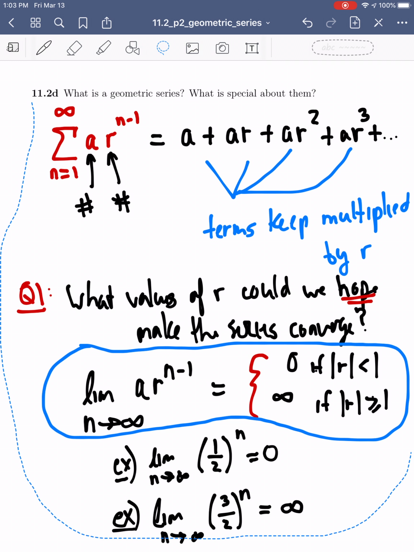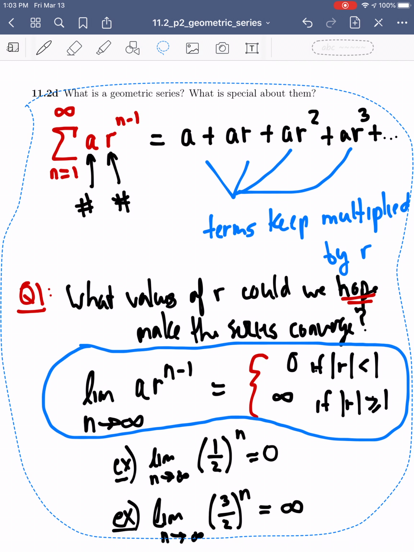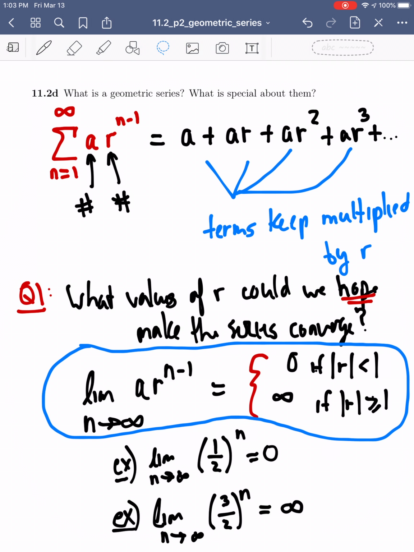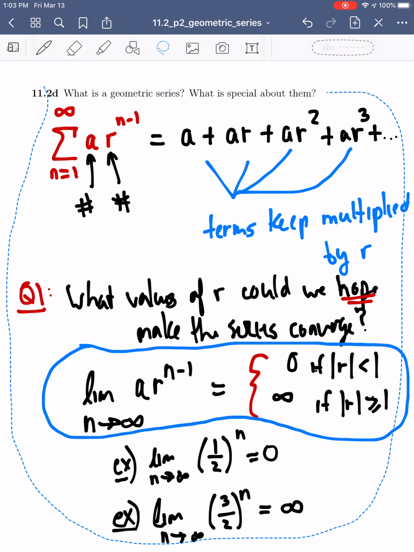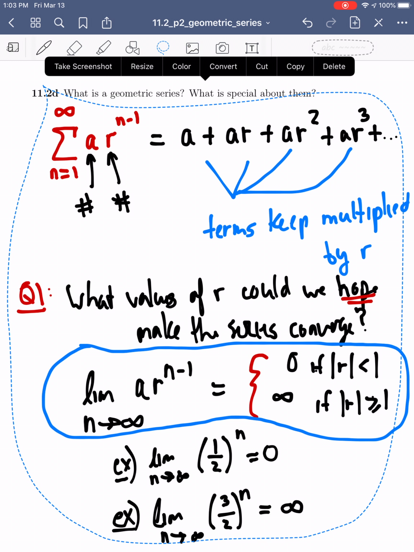So, the second question we want to ask ourselves is what happens if r is less than 1? But before we go there, I want to give you the big spoiler about geometric series.